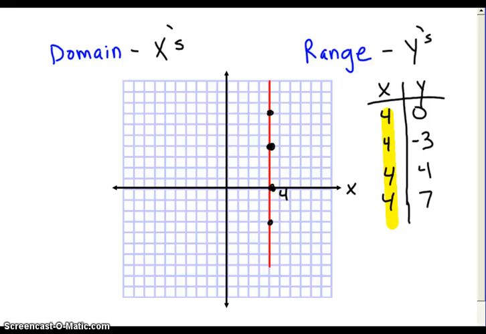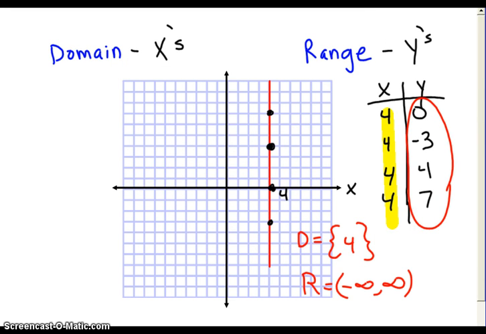So the domain of this particular graph is only the number 4. There are no other values for the domain. However, the range is going to end up being any real number, all the way from negative infinity to positive infinity.